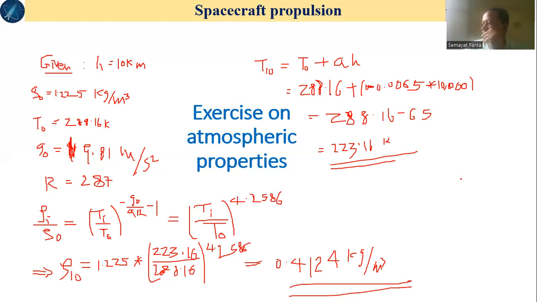Is the question clear? Once again please, what would be the geopotential altitude in kilometer at a geometric altitude of 25 kilometers from the sea level?